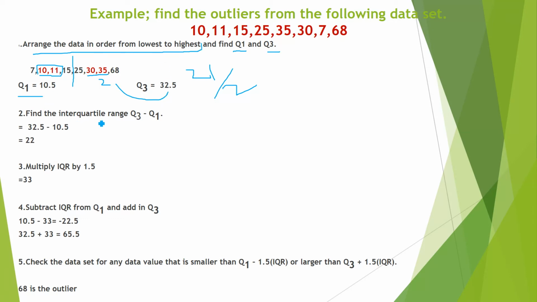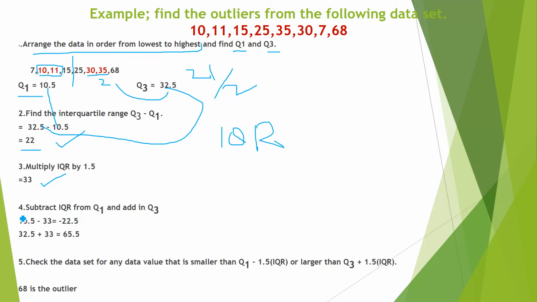Second step, you have to calculate the interquartile range, IQR: Q3 minus Q1, 32.5 minus 10.5, you will get 22. This is the second step. In the third step, you have to multiply 22 by 1.5, so it is equal to 33.